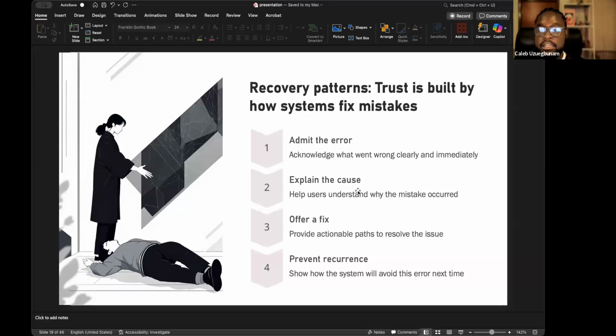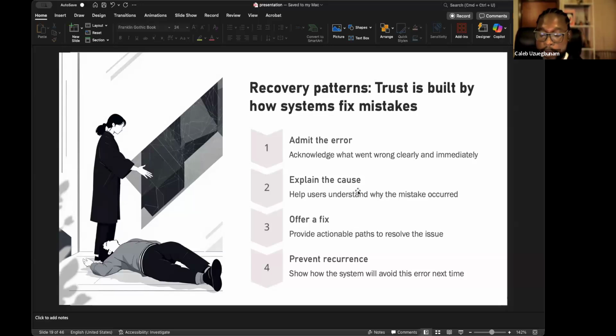If ChatGPT doubled down and said, no, you definitely put salt in your coffee, and this is just a wild example, but try to expand it into any other sort of professional scenario. If ChatGPT does that, it's more likely that the user wouldn't feel trusting of the system anymore. That trust that had been built up to that point will start to erode, because why is the AI clearly lying to me?